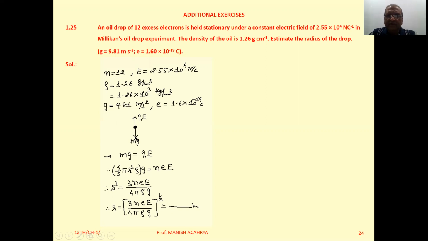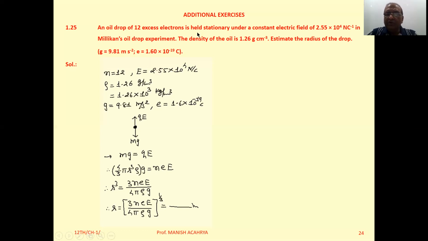Now, when the oil drop is with some amount of charge q and it is placed in the electric field E, then the force on it is qE. And when it is in the air, the gravitational force in downward direction is mg. So here two forces will act on the drop.